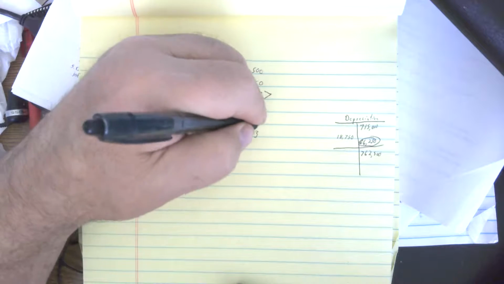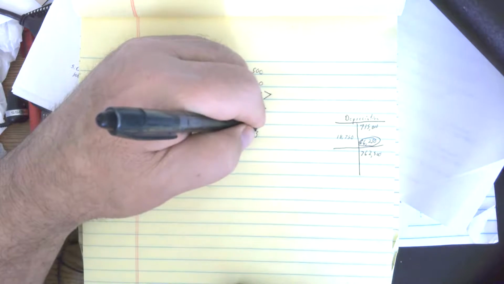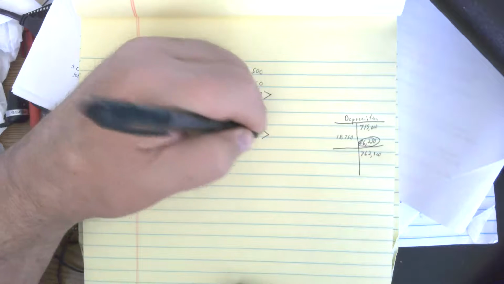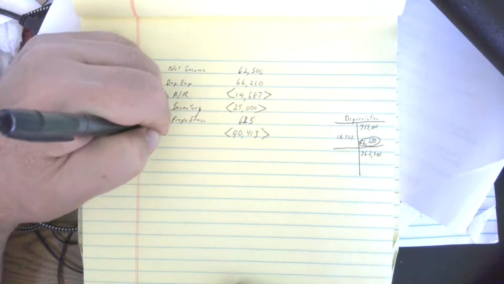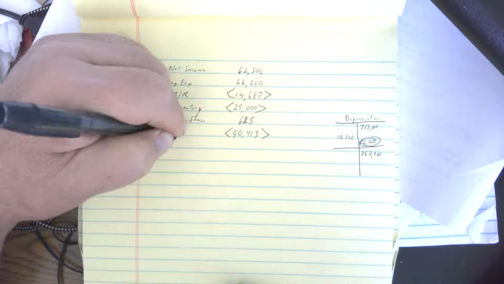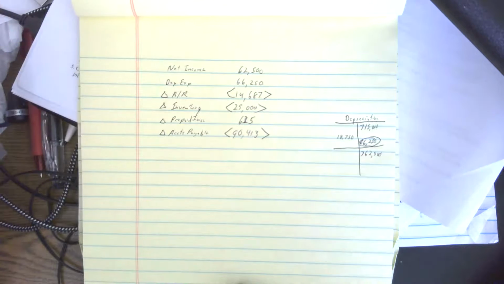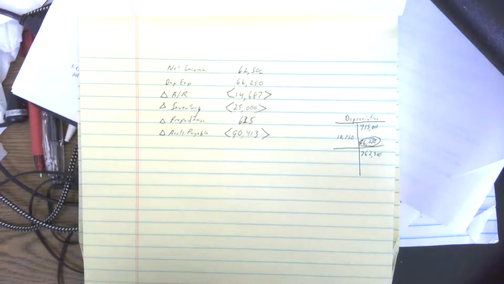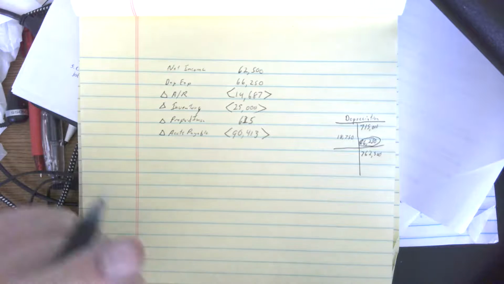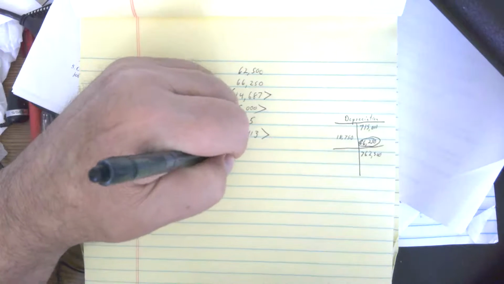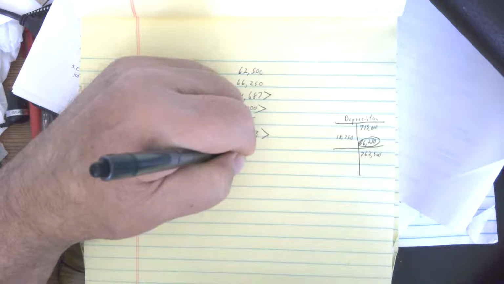And so with current liabilities, those move the same direction. Salaries payable was 30,625 and now is 25,000. So that's 5,625.